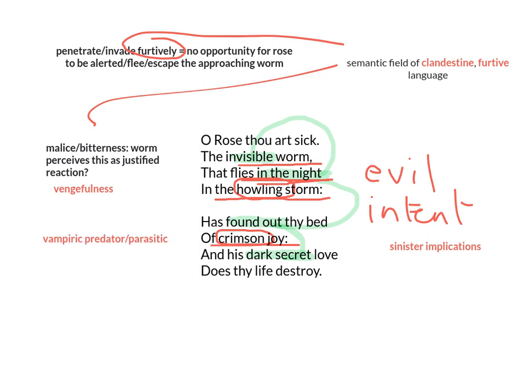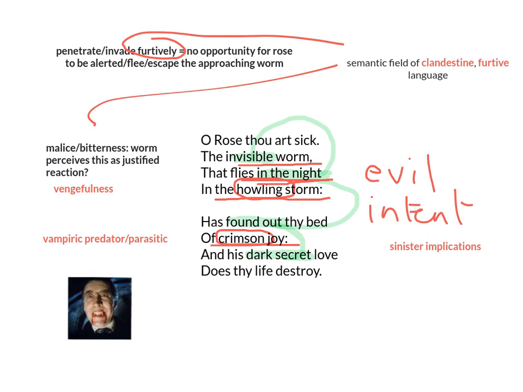This poem was written before Bram Stoker publishes the novel Dracula, but obviously the idea of vampires existed in myth and folklore before Stoker releases the novel. So we are looking at something that can be seen quite possibly as something vampiric, coming to attack and prey and feed on and then destroy the rose.